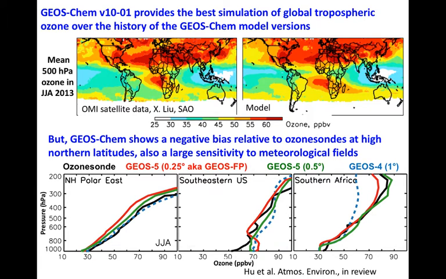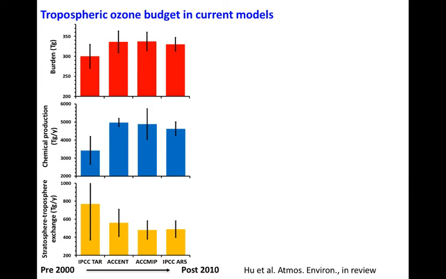So how are we standing in terms of the tropospheric ozone budget compared to other models? Here I compare the budget terms for the burden, chemical production, and the stratospheric-tropospheric exchange. Those four different bars reflect multimodel studies, from the early 2000s to the most recent IPCC fifth assessment.